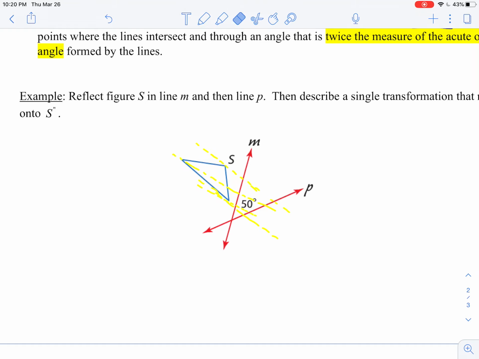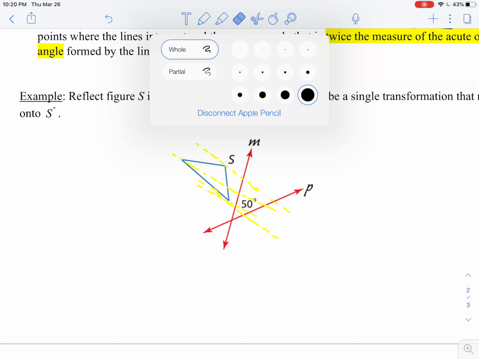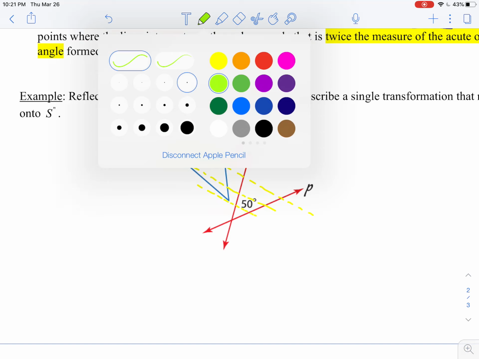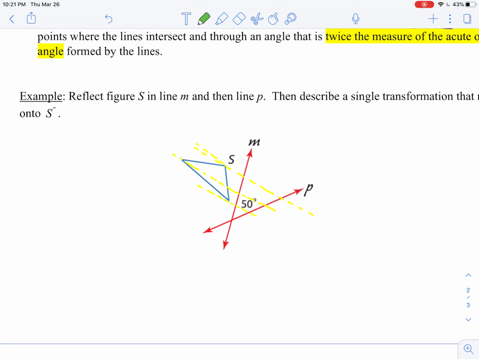Let me see if I can adjust that again. Okay, once you draw your perpendicular lines, you measure the distance from line M to each vertex, and then you recreate that distance on the other side of line M.